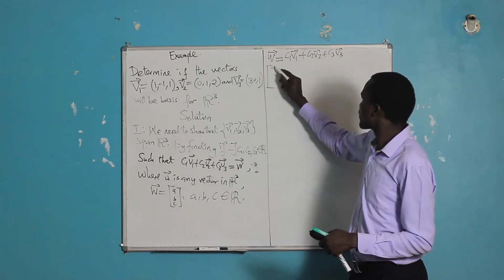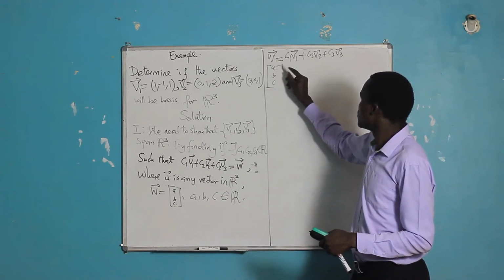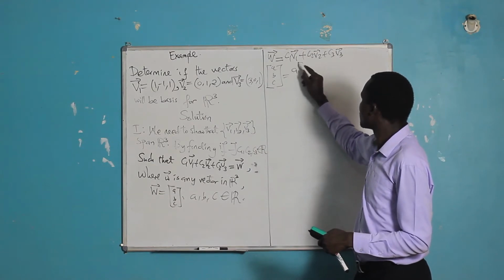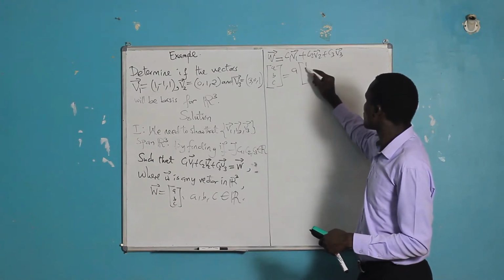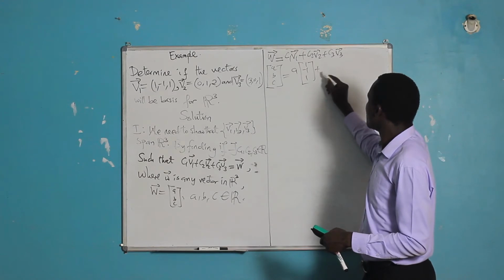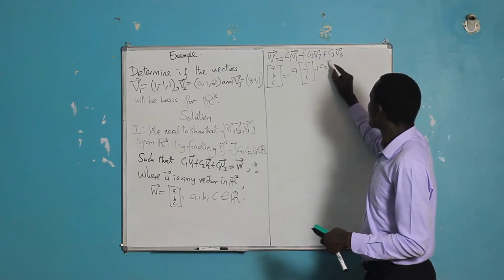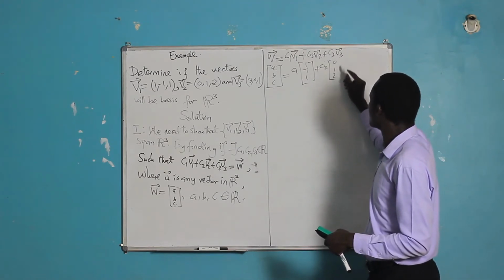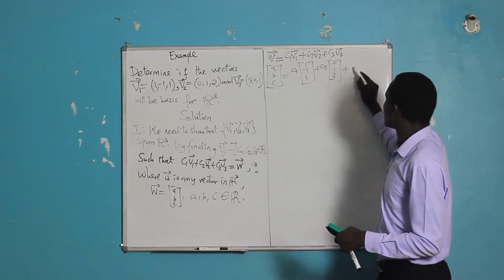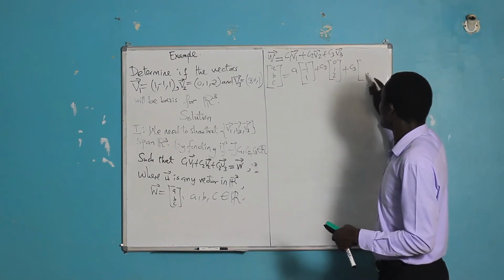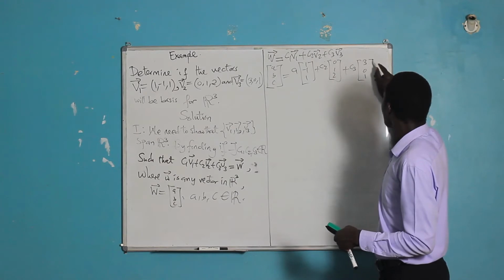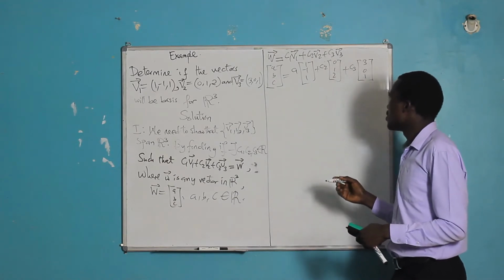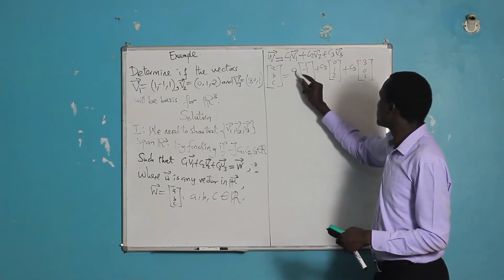So now we write A, B, C equals C1 times vector 1, which has entries 1, negative 1, 1, plus C2 times vector 2, which has entries 0, 1, 2, plus C3 times vector 3, which has entries 3, 0, and 1.